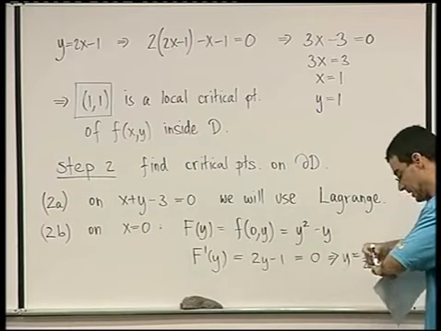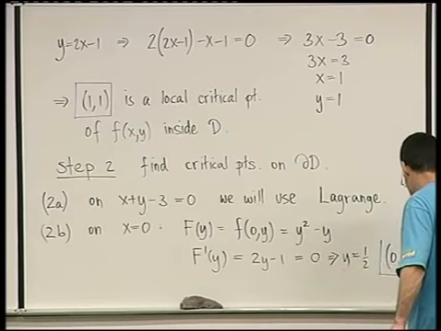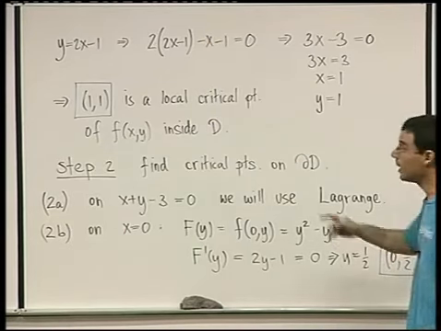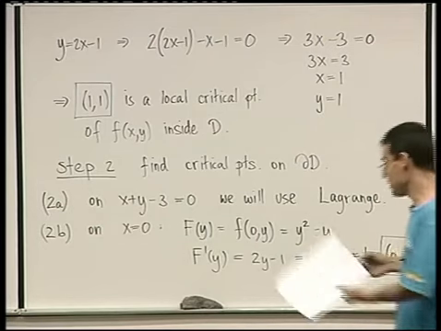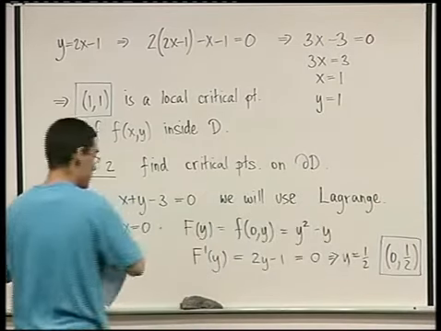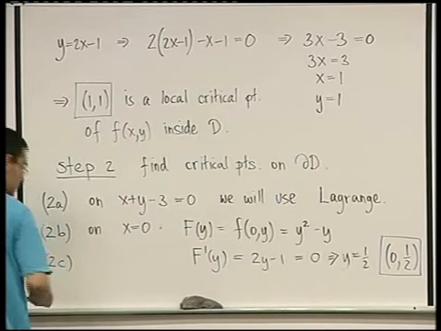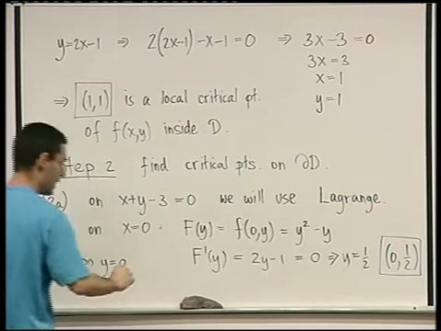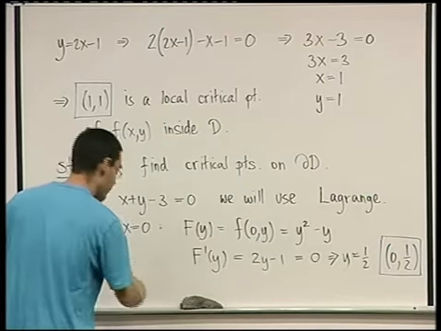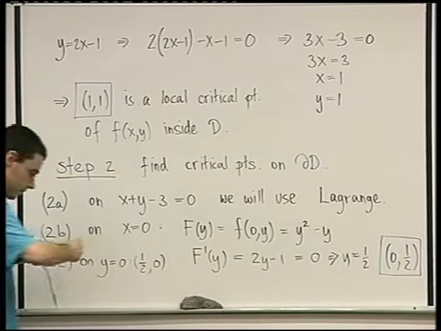That's the candidate along the part of the boundary, which is the y-axis. Clear? And similarly, I'm not going to write it because it's completely analogous. On y equals 0, we're going to get the point (1/2, 0). Clear?